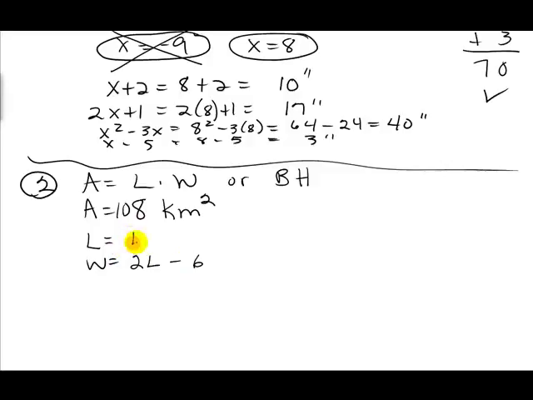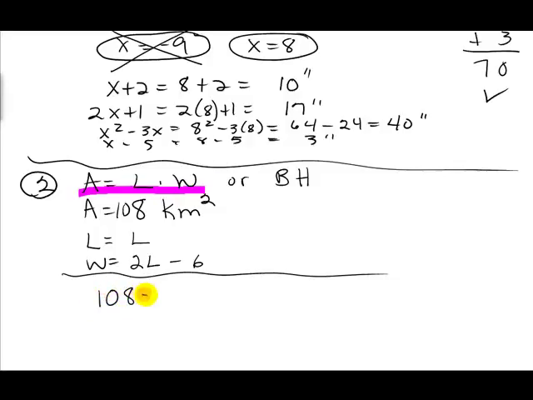And the length will be L. So now we have all our basic information. We want to remember that we're going to use this formula. We know the area. We know the length is L. And we know the width is 2L minus 6.